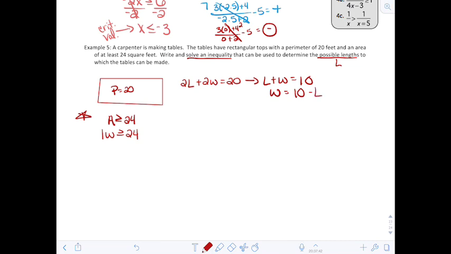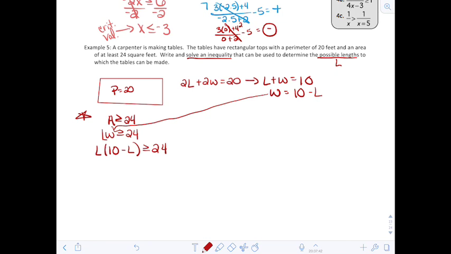So if I'm looking for everything in length, I want to replace W with the value of W in terms of length. And I want to go to the inequality to do that. So length times W, which is 10 minus L, is greater than or equal to 24.